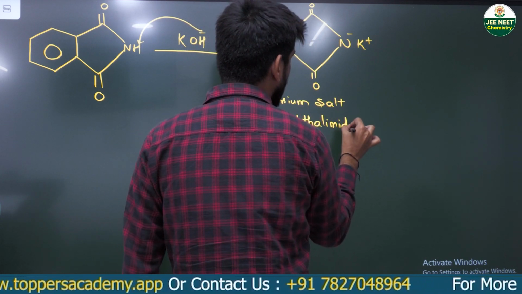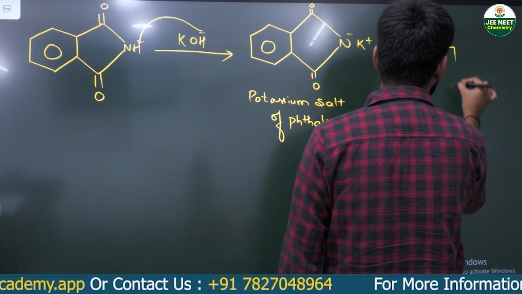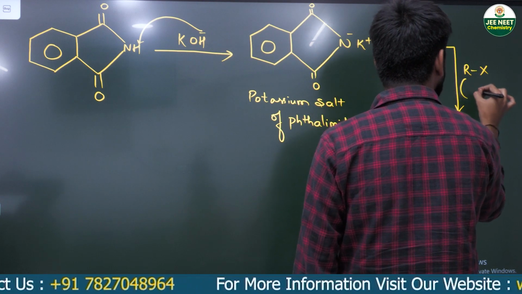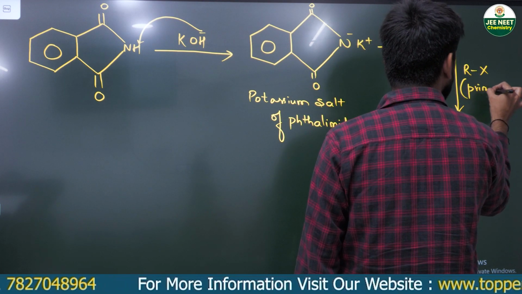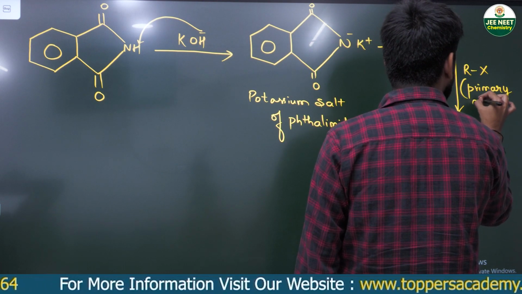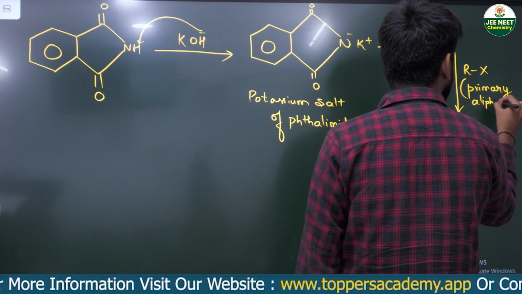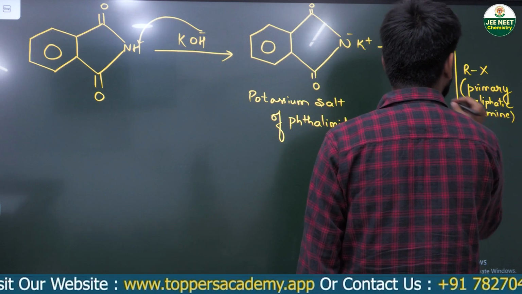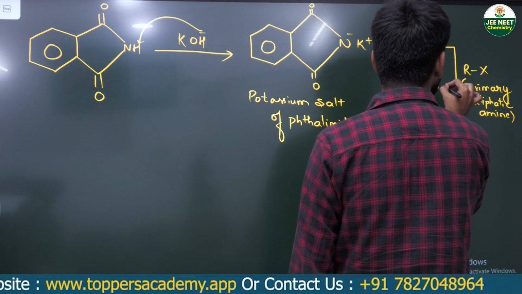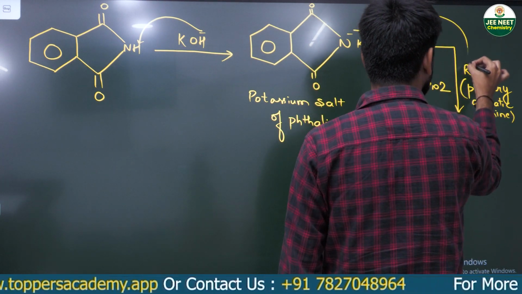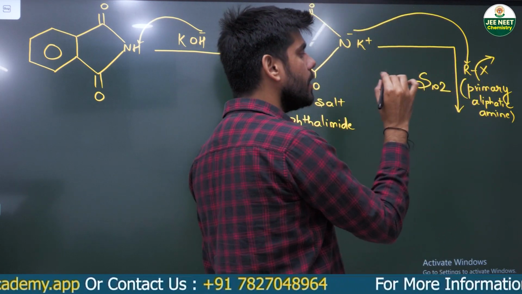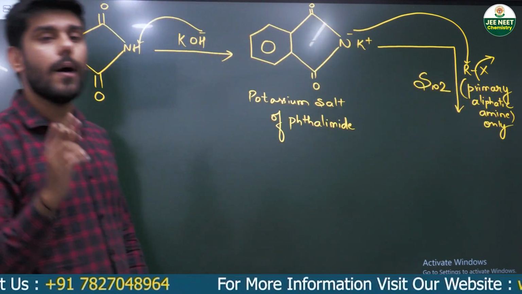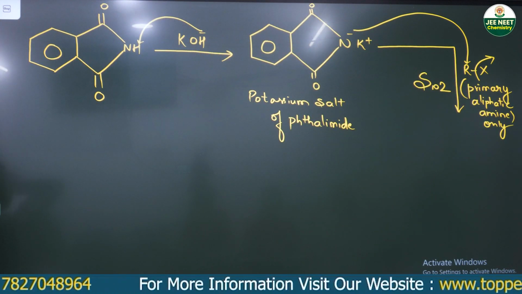Now, when I treat it with a primary alkyl halide, please remember, first of all, it is a primary aliphatic amine. There will be an SN2 reaction. Please remember primary aliphatic amine only, not aryl amines, because aryl amines do not give such SN1, SN2 reactions.